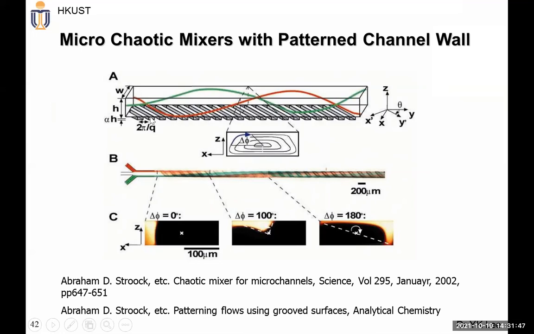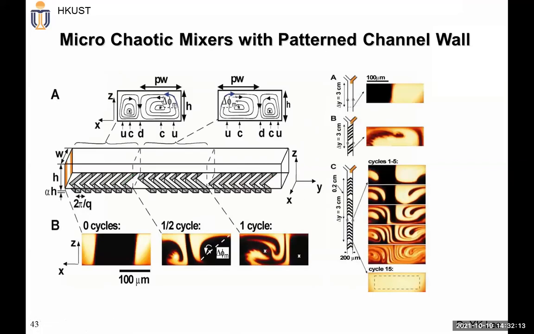They came up with a microchannel with a special patterned surface on the channel wall. If the velocity is at a special critical value, you can induce a secondary flow, and this can create a vortex if your velocity is high enough. So this is one quite unique way to create a microchaotic mixer.